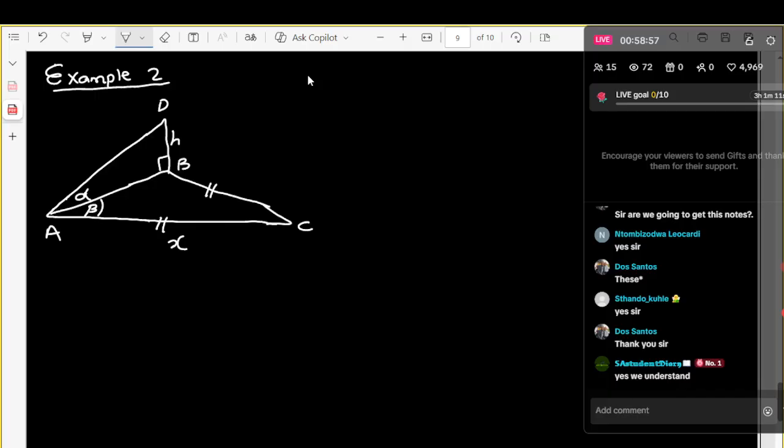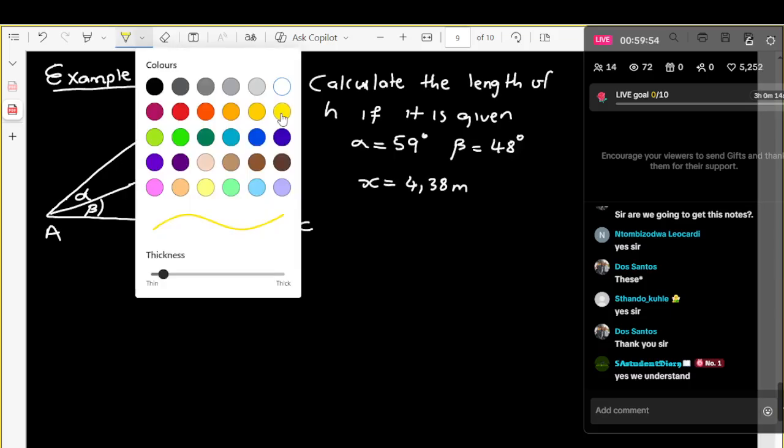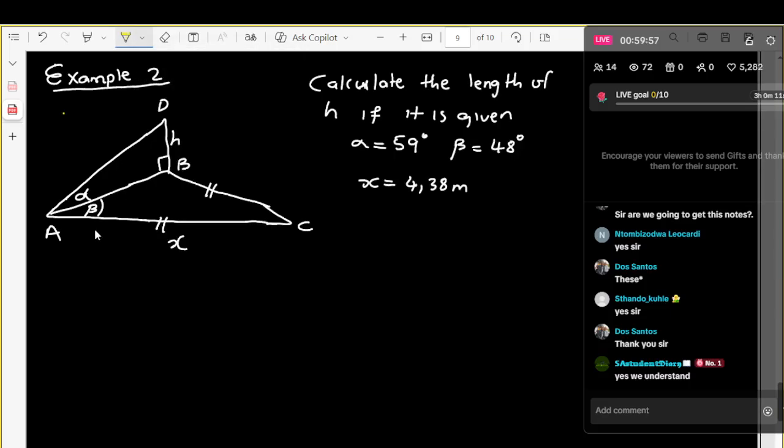First thing first, you're going to say, they want us to find the length of h. They want us to find this h here. So how can we find h? Now I know that when I need h, I need to bring beta and x in this triangle.